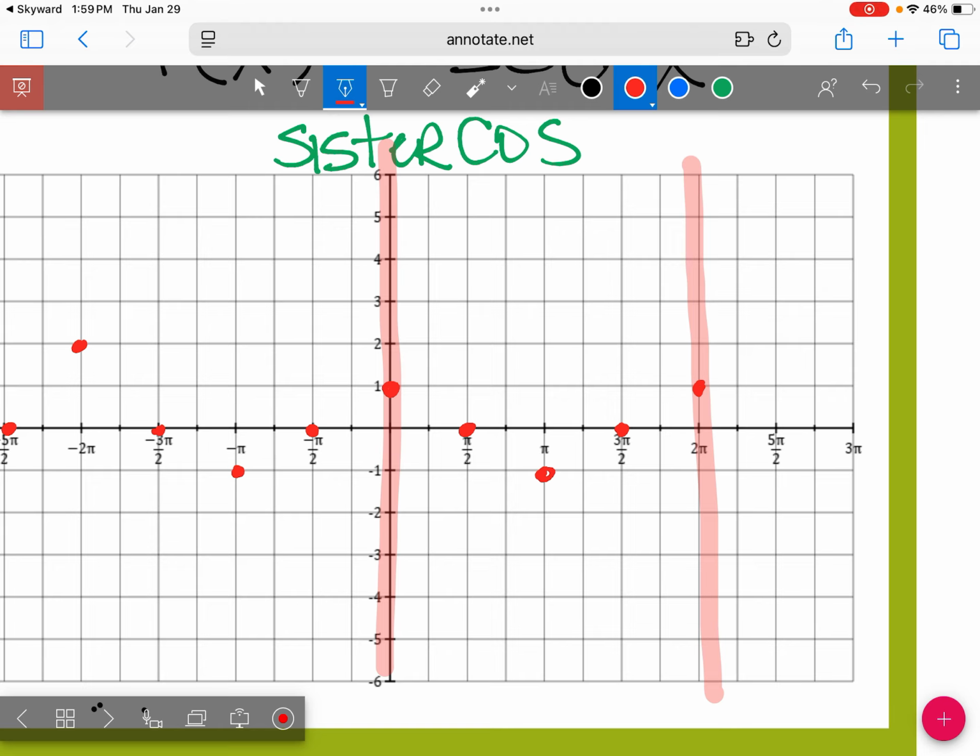So basically, I just plotted the points of cosine. That's all I did. Don't connect them. They do not connect. Oh, I put the negative 2 too high. Thank you. I would have realized that when I finished it out. I'm glad you're paying attention.